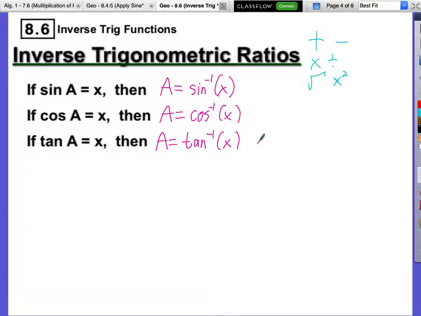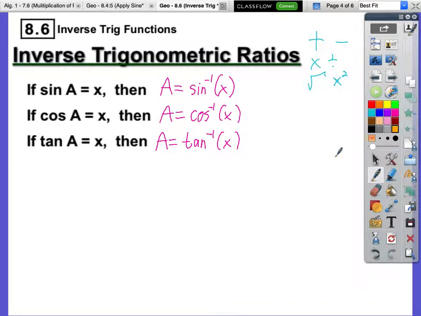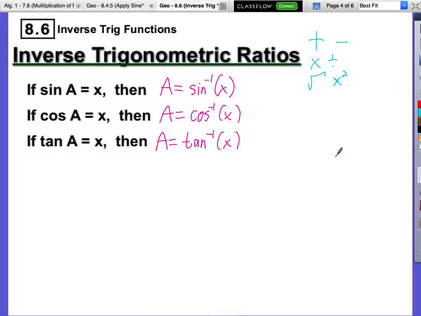Now, mathematically, how this would work is if we had sine of angle A is equal to x. Just like on the board earlier, where we had cosine of 40 degrees equal to 8 over d or something like that, then we multiplied both sides by d.